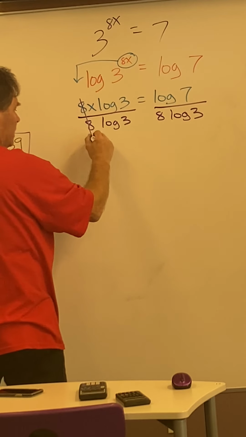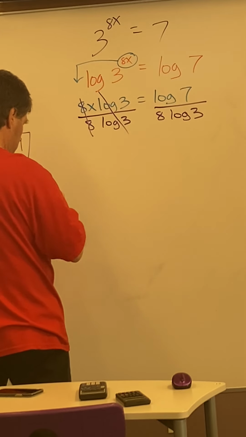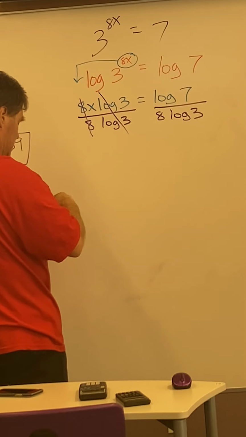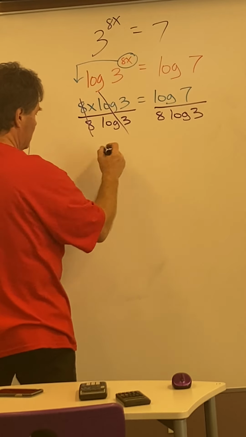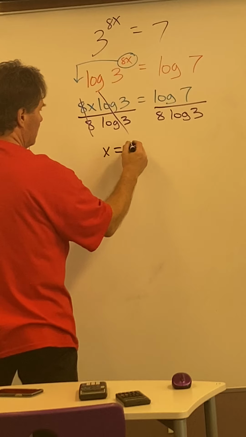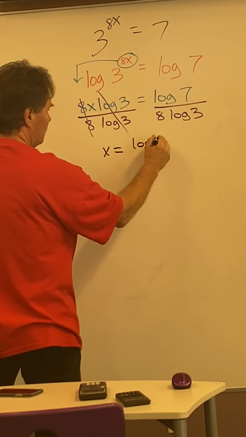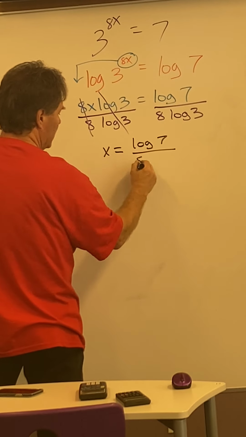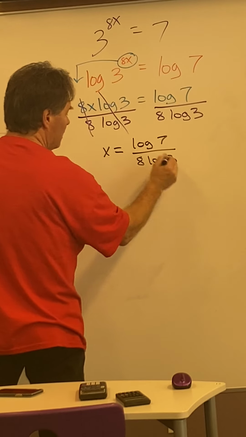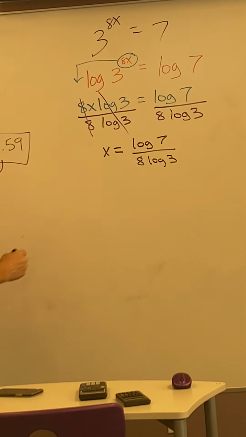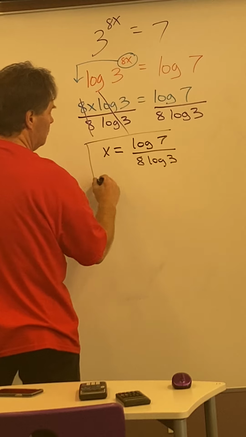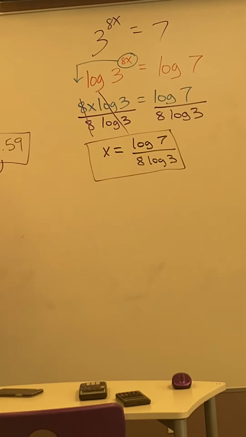That cancels that and that. Now I get x is log 7 over 8 log 3. That is actually the answer in what they call calculation ready form, right there. And then let's turn it into a decimal.